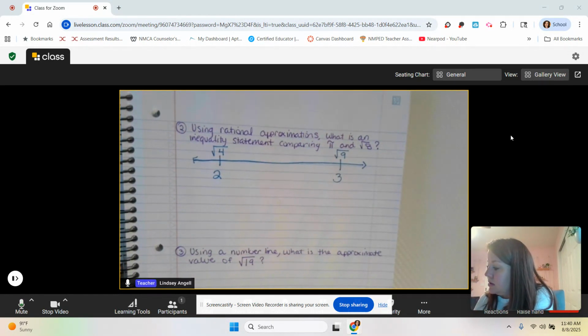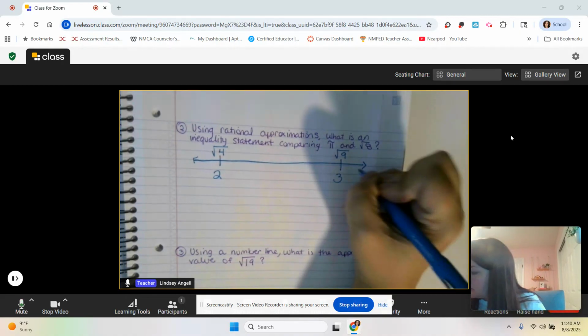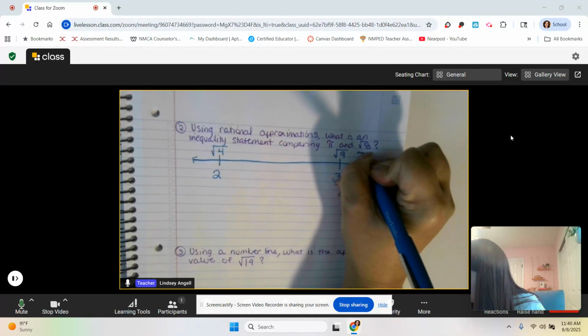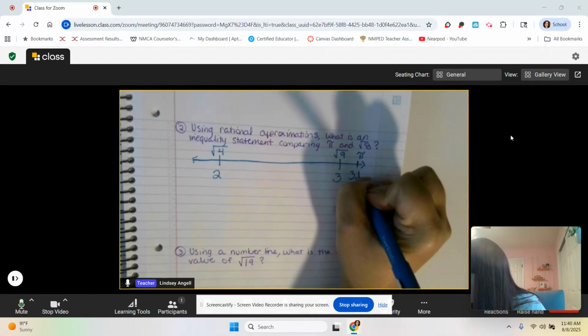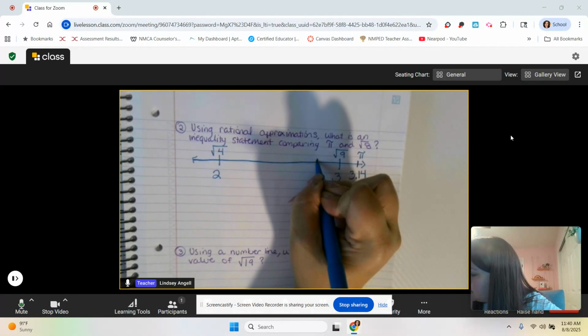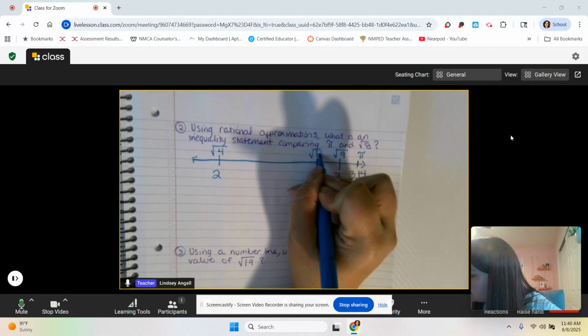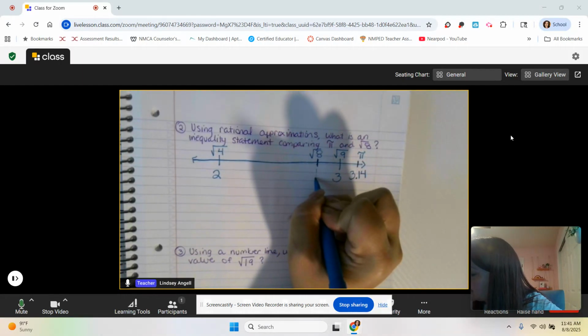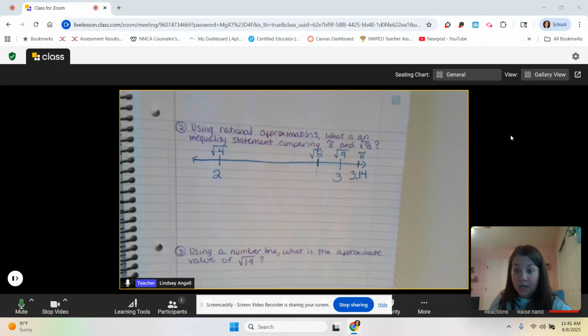Knowing pi, you've probably heard that before, we know that pi is about 3.14. So that's over here-ish on my number line. The square root of 8 is going to be between the square root of 4 and the square root of 9, somewhere in here. The nice thing about this one is I don't need to give an exact number.